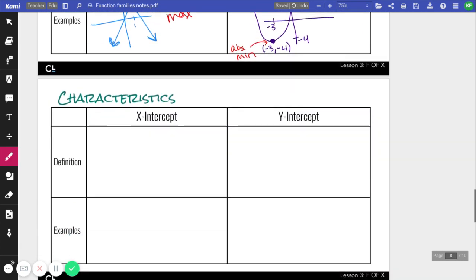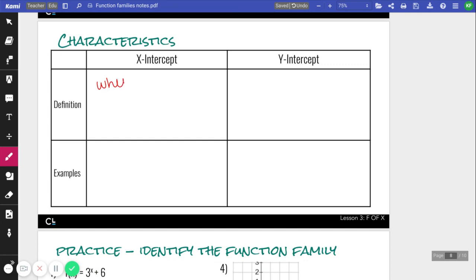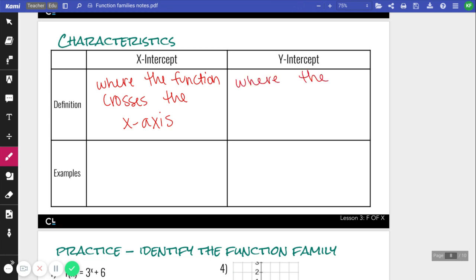And then the last two characteristics we wanted to review with you are x-intercept and y-intercept. So x-intercept would be where the function crosses the x-axis. And then for y-intercept, it would be where the function crosses the y-axis.